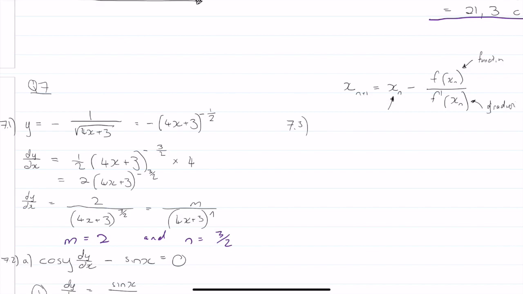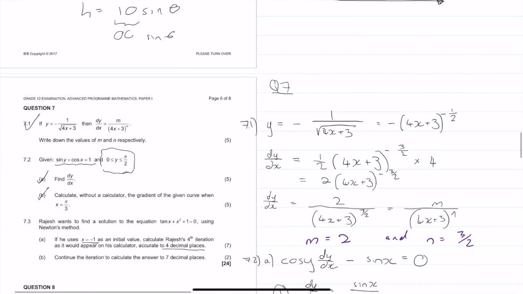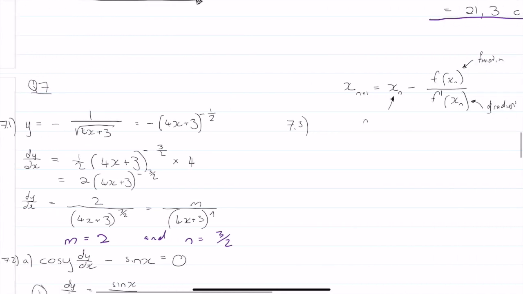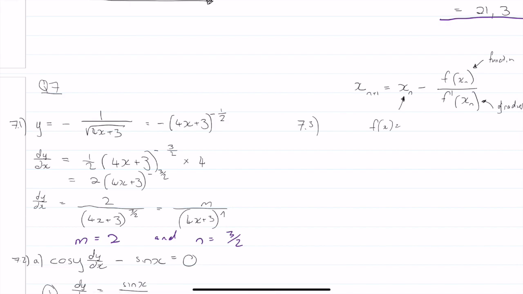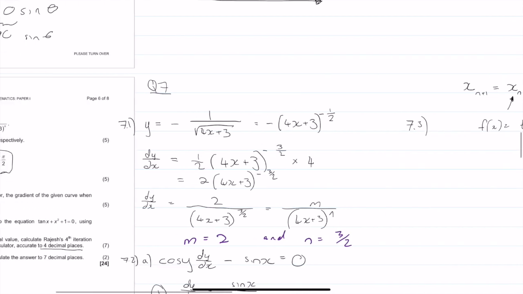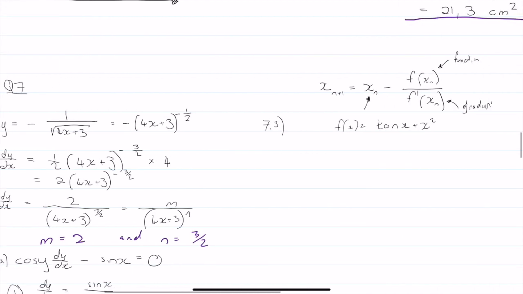Okay, so we know what f(x) is, so we can say that f(x) is equal to that equation, which was tan x plus x squared plus 1. Okay, so from this we can get f'(x), which is the derivative.